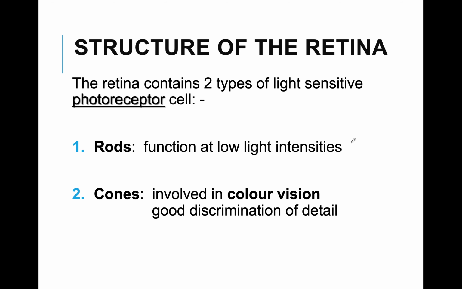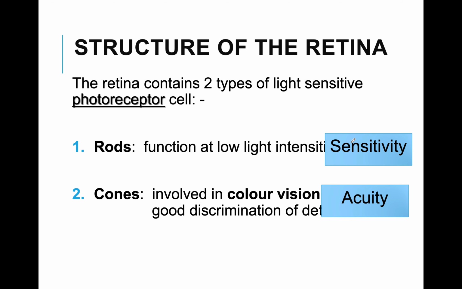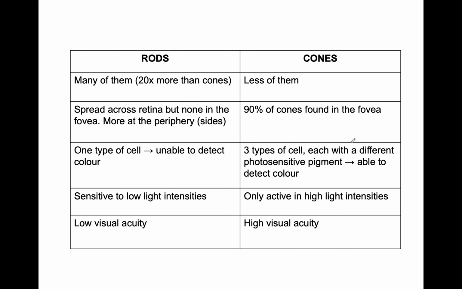The rods, which have high visual sensitivity and therefore are able to produce impulses at low light intensities, and the cones, which are involved in colour vision and have high visual acuity. Okay, so this is a summary of the retina and the photoreceptor cells.